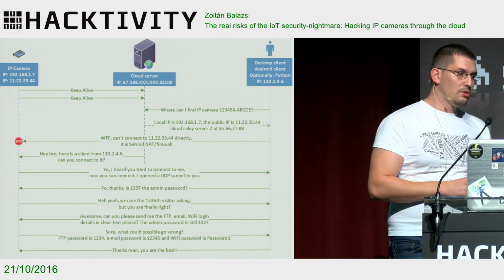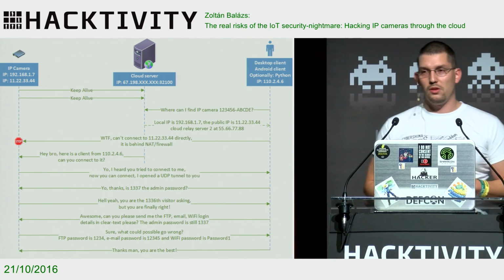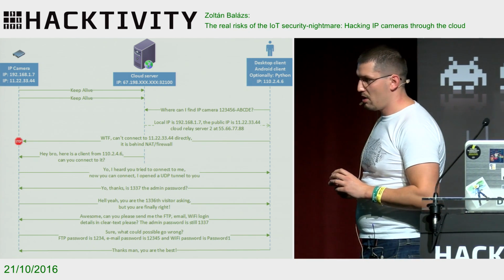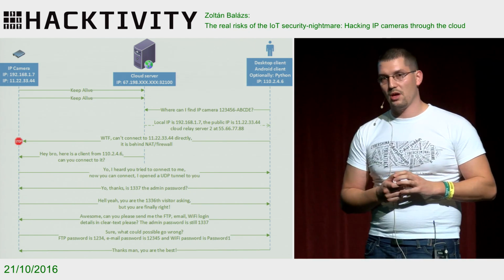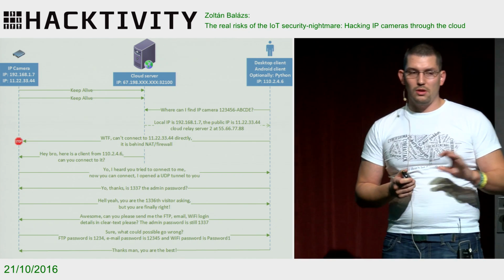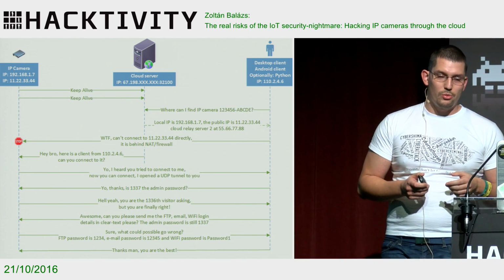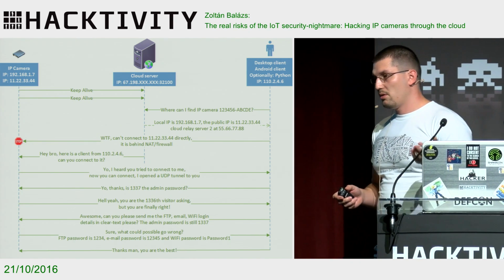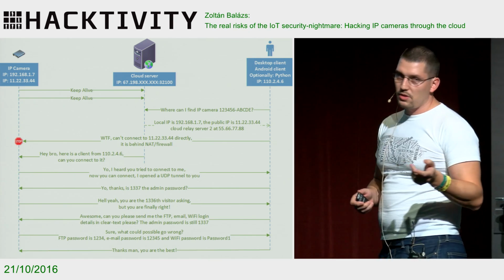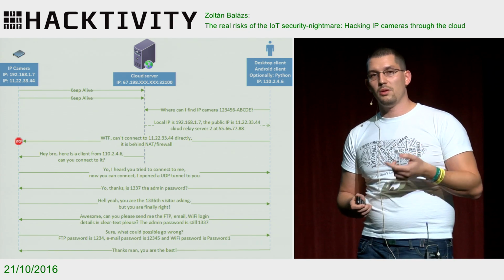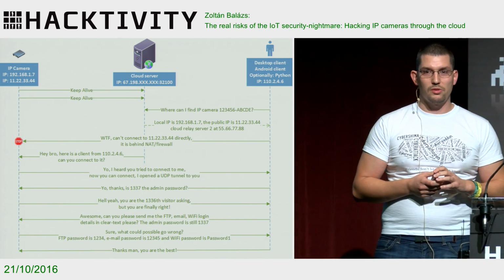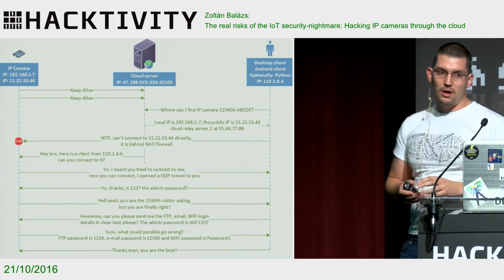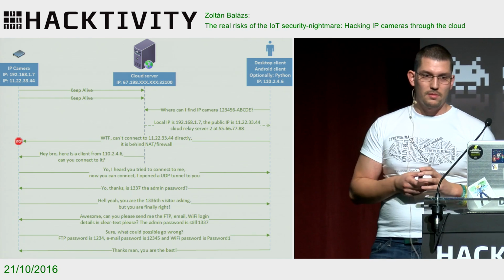Now, as it turned out, my IP camera is also using a cloud server, so this cloud server can help to set up the connection. And this whole protocol really reminded me how Teredo works. If I turn on the camera, it will start sending UDP keep alive packets to this cloud server, which is sometimes in China, sometimes in South Korea, you know.